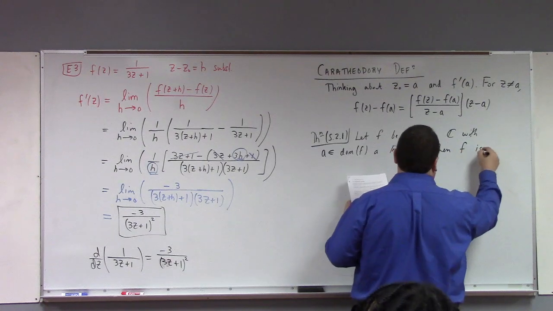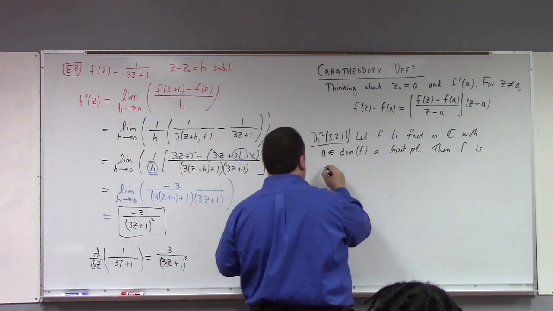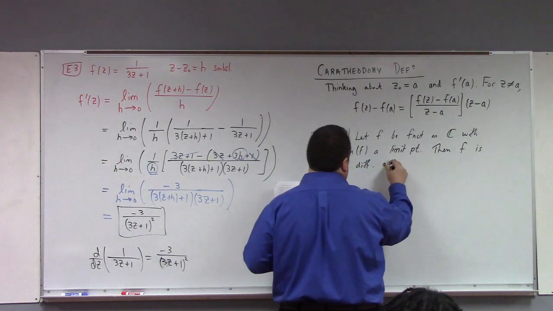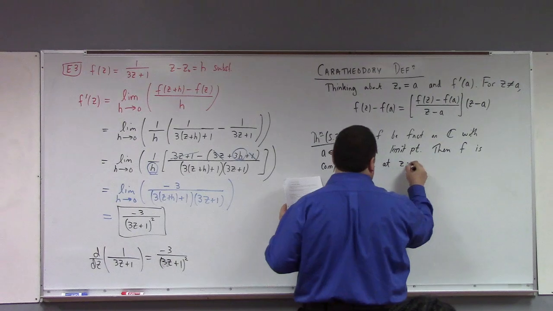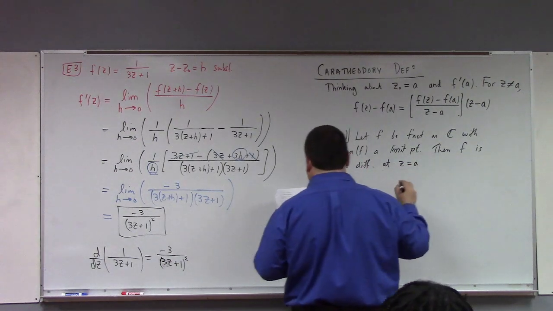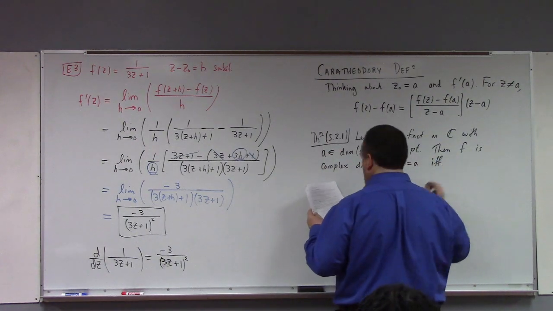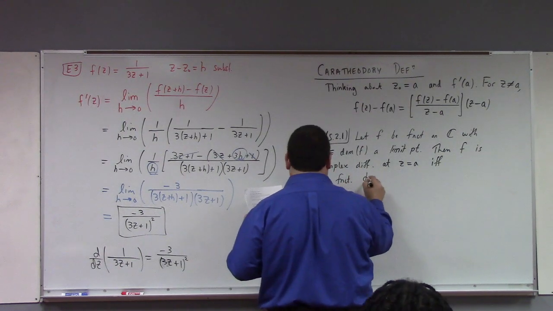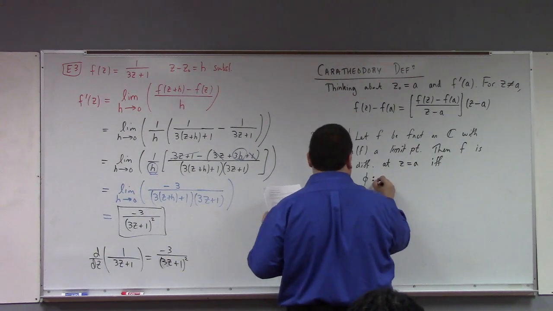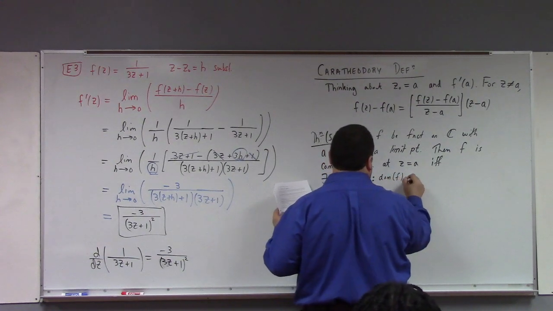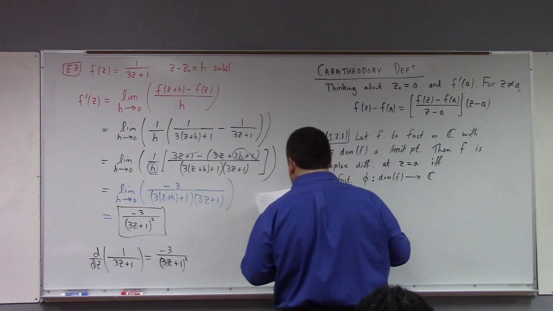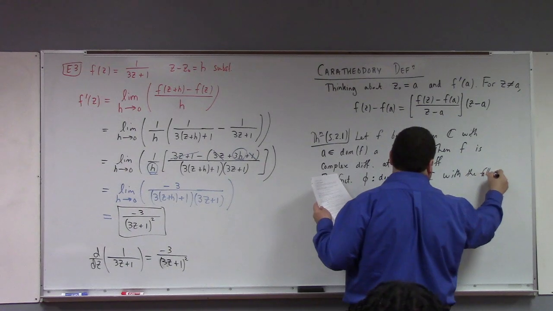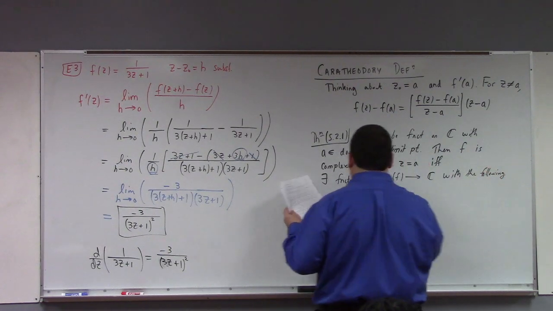Then f is complex differentiable at z equals a if and only if there exists a function phi from the domain of f to the complexes with the following two properties.